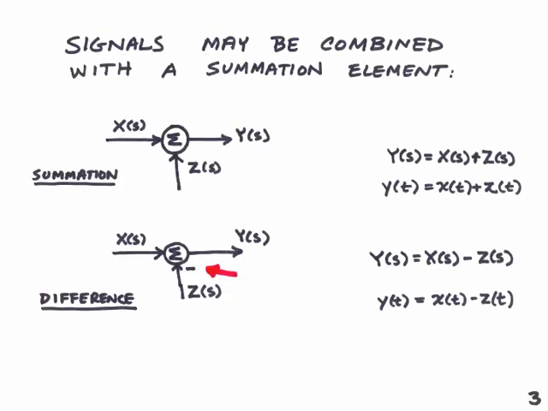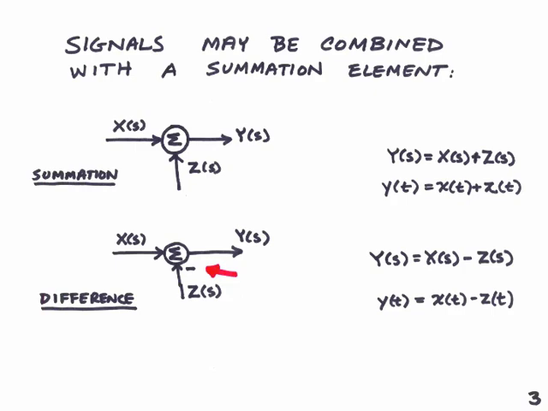Another element that you'll find in block diagrams is the summation block. This is shown as a circle, typically with the summation sign within it. Two or more signals are inputs to this block, and one signal is typically the output.